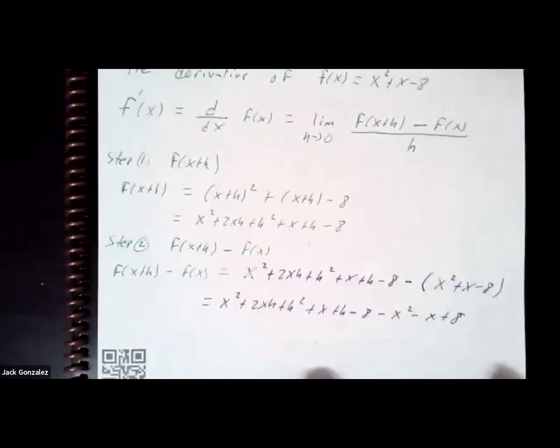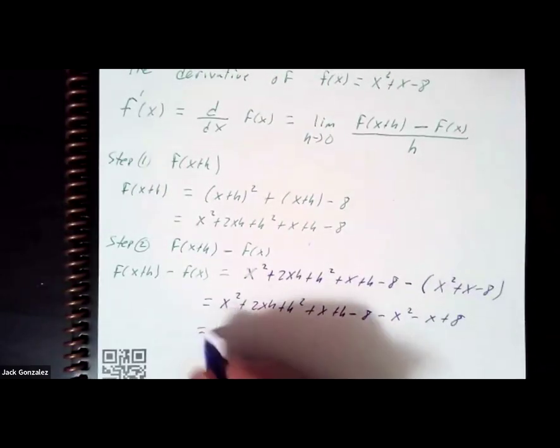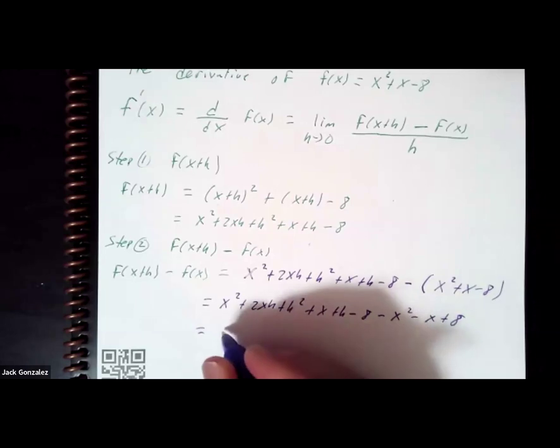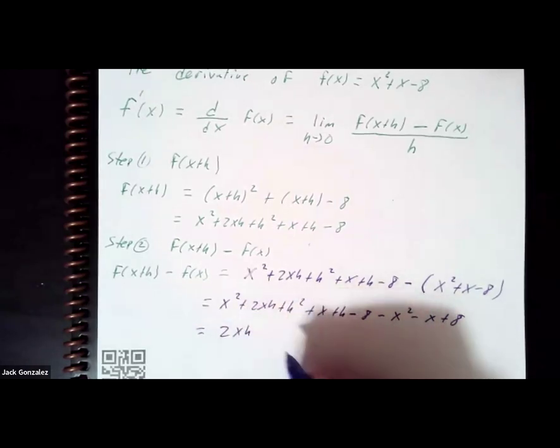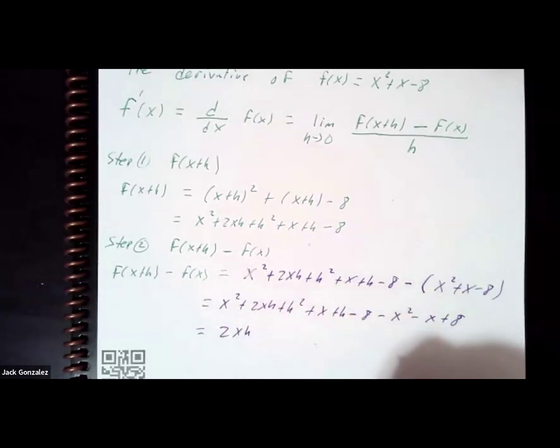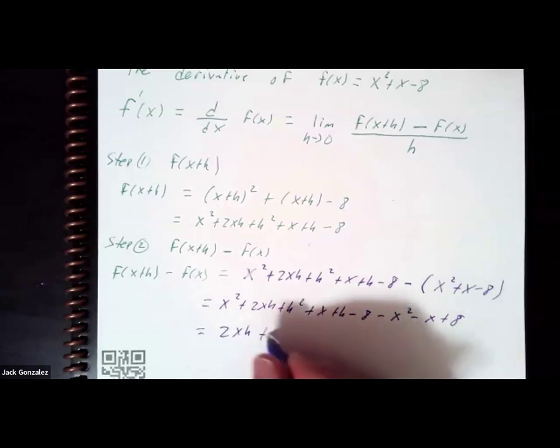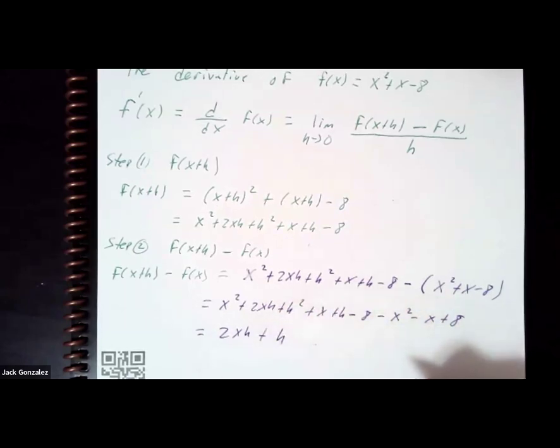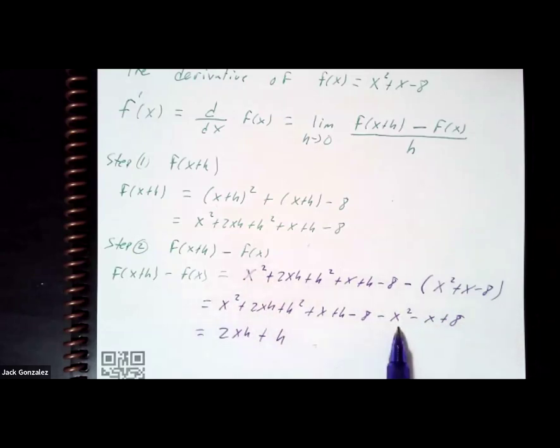Distribute your negative. So everything will cancel except 2xh plus h. Right? x squares will cancel. x is canceled. 8's are canceled. We're left with this one. And that guy.